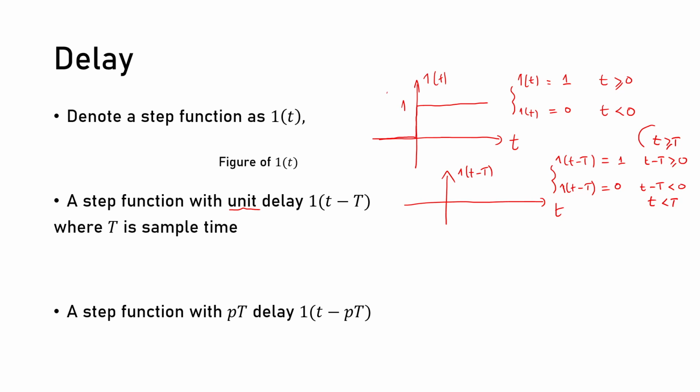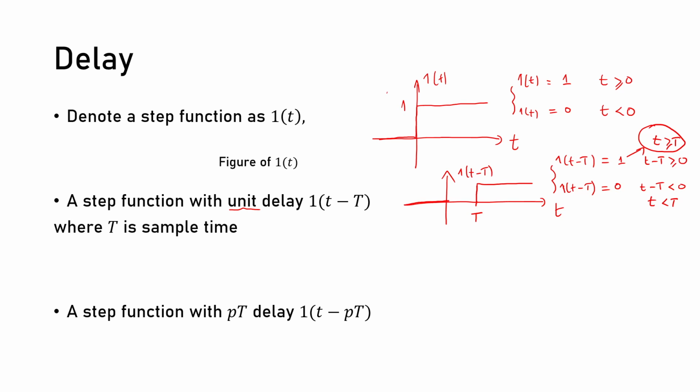So you can see here it is 1 when t is taken from capital T to infinity, right? When t is greater than or equal to capital T, it means it steps here.